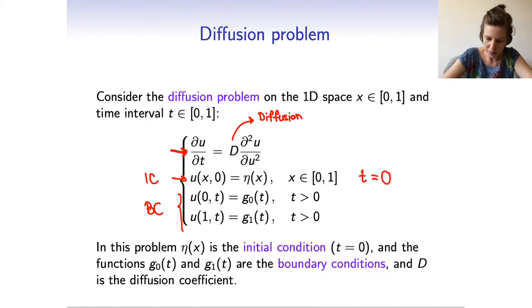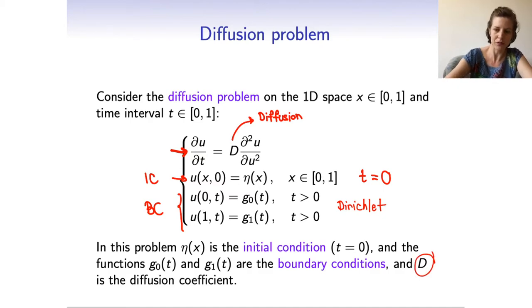And just to remember, this kind of boundary condition is called Dirichlet. So we are fixing the solution on the boundaries. So in this, eta of x is the initial condition, and the functions g0 and g1 are the boundary conditions, and the diffusion coefficient.